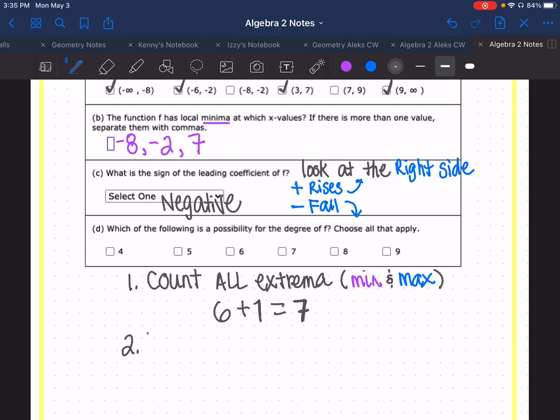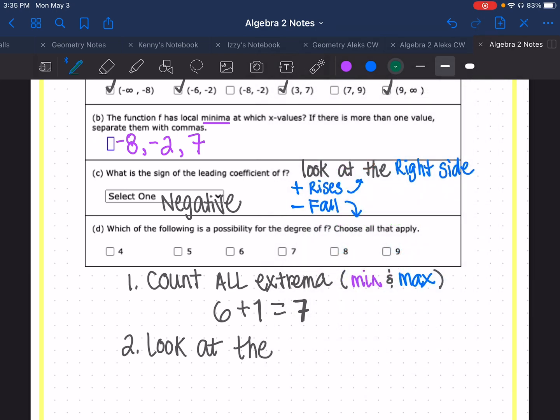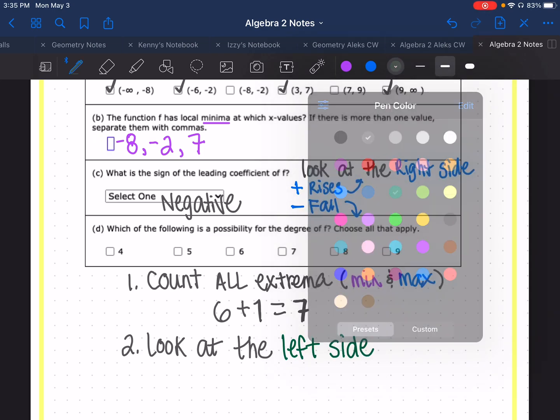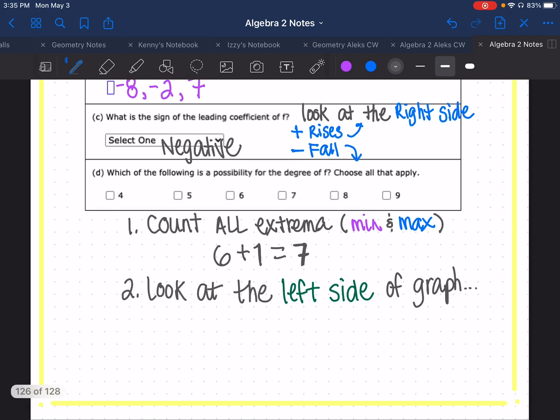Now look at the left side of your graph, because you want to compare it to the right side. Is it doing the same or is it doing something different?